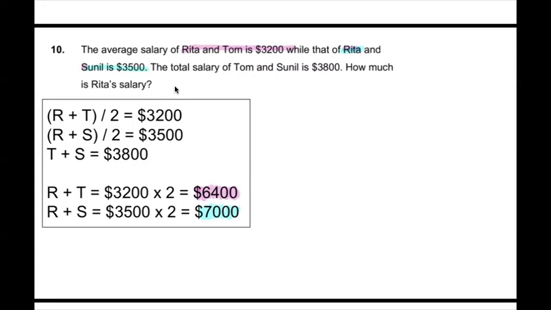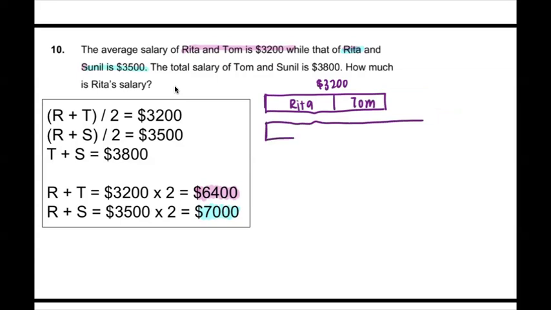Now, if I were to combine these together, this is what it will look like in a model, if it's clearer to understand. So let's see, we have Rita and Tom, and we also have Rita and Sunil.